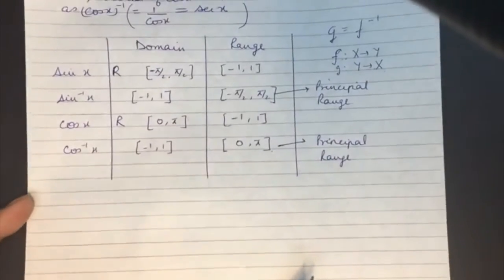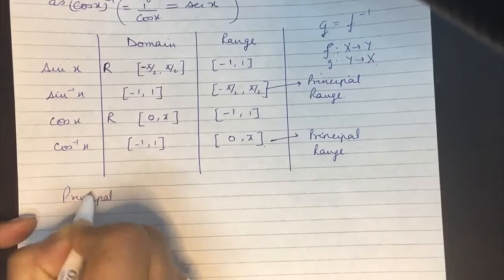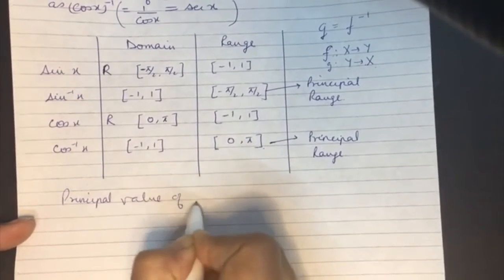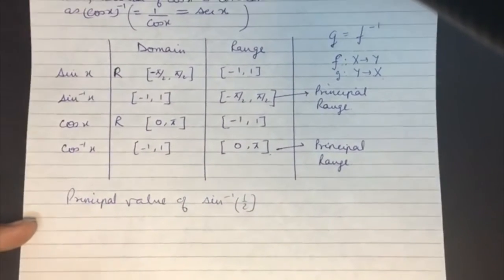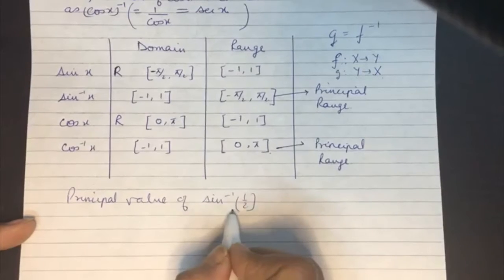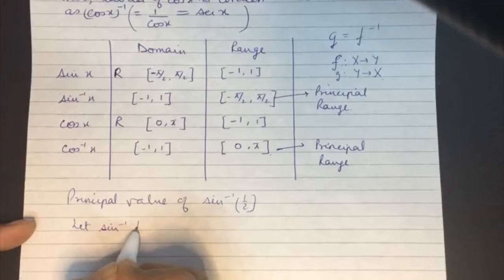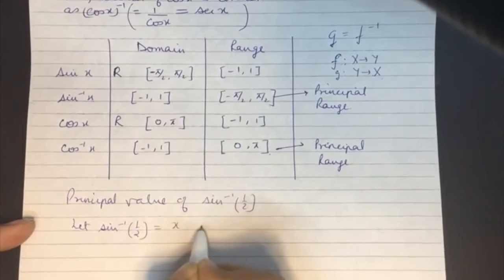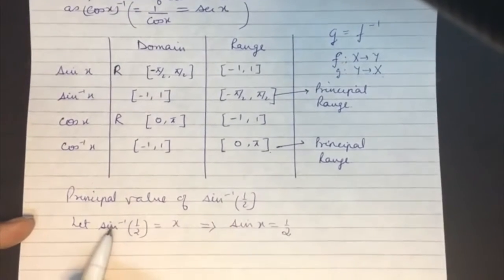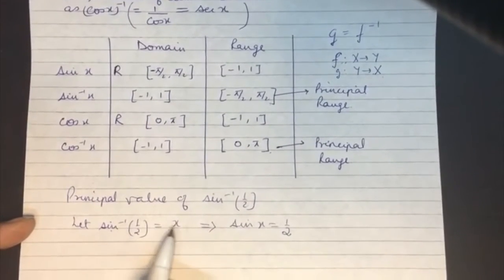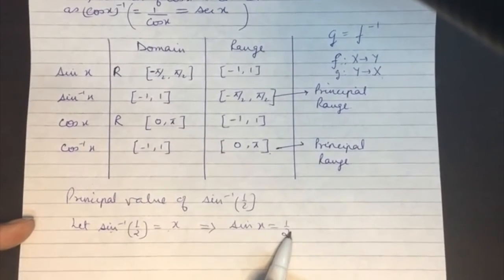Suppose we have to find the principal value of sine inverse half. What we do is suppose it to be x. So let sine inverse half be equal to x. This gives us sine x equal to half, since sine inverse goes to the other side and becomes sine.